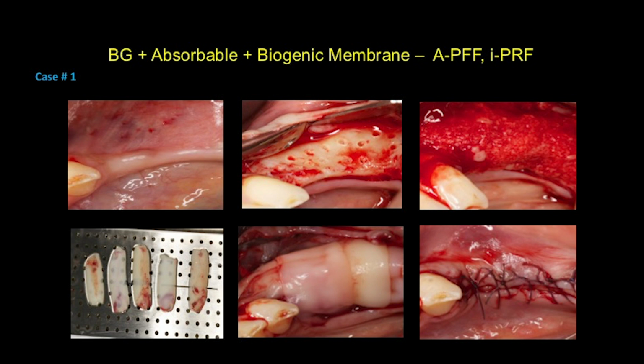We did decortication of the buccal bone. We put corticocancellous allograft and soaked it with IPRF. Then we used the APRF membranes to cover the graft material, and we sutured it with continuous lock.